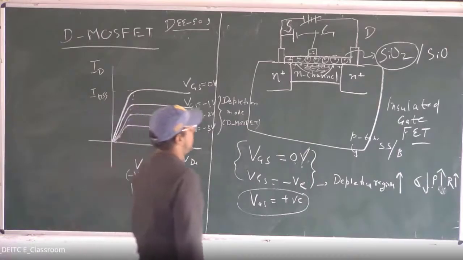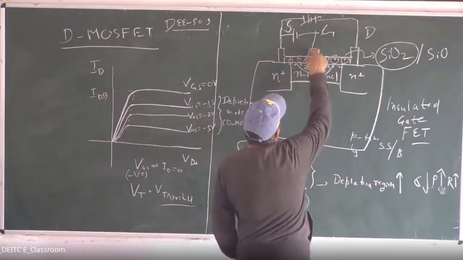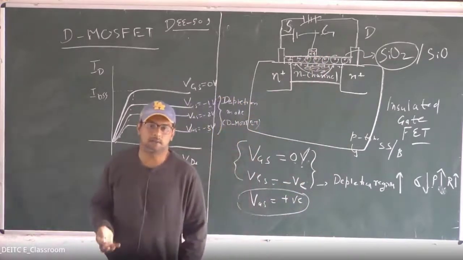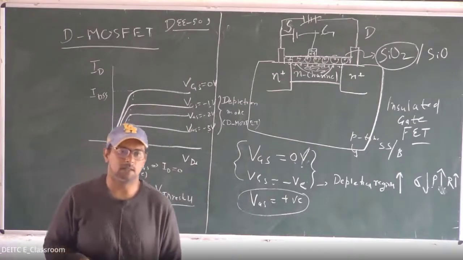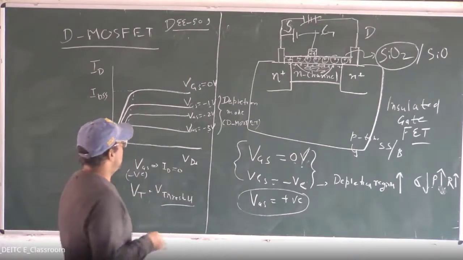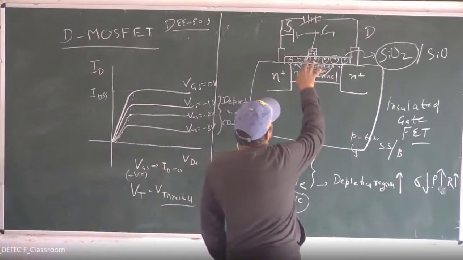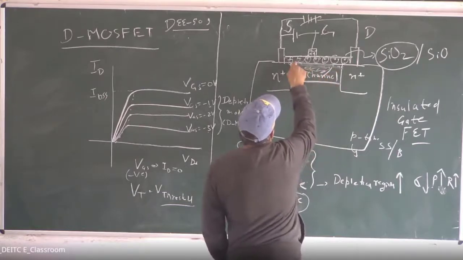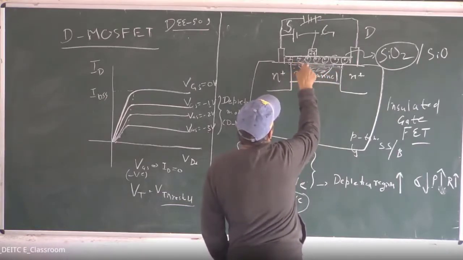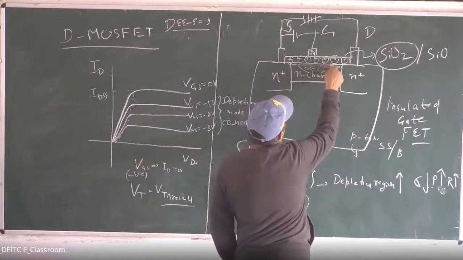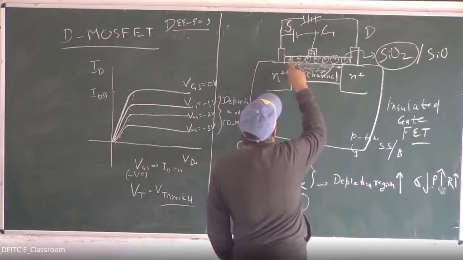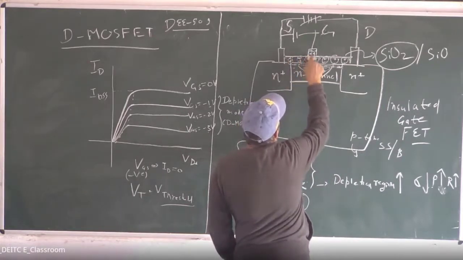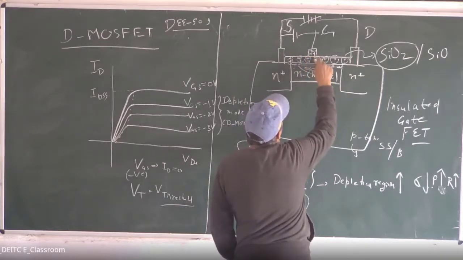Now, if I apply a positive voltage here, what will happen? Definitely, the reverse of the previous phenomenon will happen. सीधी सी बात है, जब नेगेटिव वोल्टेज जब मैंने गेट पे अप्लाई की थी तब क्या हो रहा था? तब आपका जो वोल्टेज है यहाँ पे नेगेटिव पॉजिटिव इंड्यूस हो रहा था. अब यहाँ पे क्या होगा? इसका उल्टा, यहाँ पे नेगेटिव वोल्टेज इंड्यूस होगा, यानी कि नेगेटिव चार्जेस यहाँ पे बढ़ जाएंगे और ये पोलैरिटी बिल्कुल इसकी उल्टी हो जाएगी. ये सिमिलर मैकेनिज्म वही जो हमने पहले डिस्कस की थी.